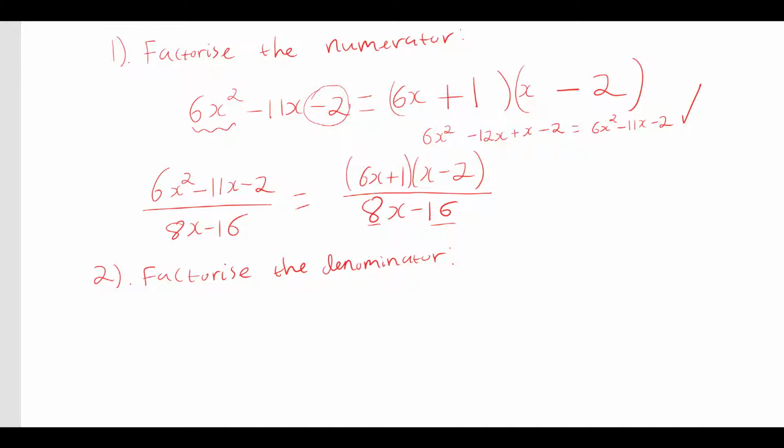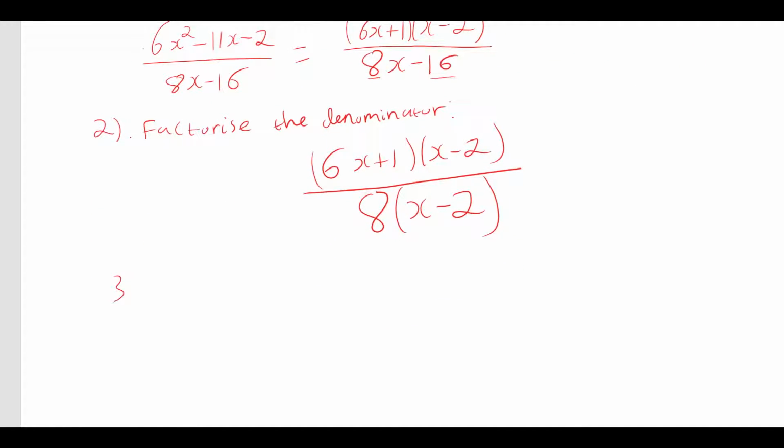Well, it's going to be 8. I've got to be careful to factorize it fully. We could take out a factor of 2, but I want to take out the largest factor possible. So I end up with 6x plus 1, x minus 2, over 8, because 8 is the largest number to divide into 8 and 16, bracket x minus 2.